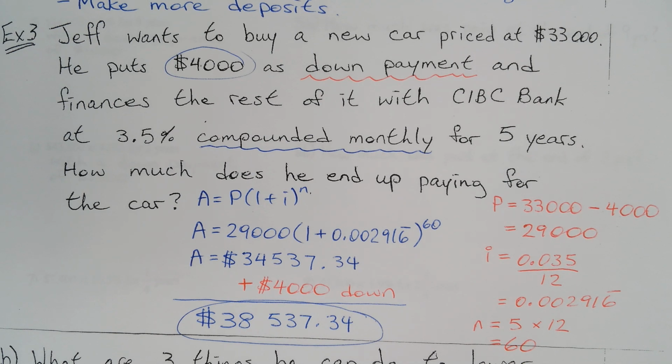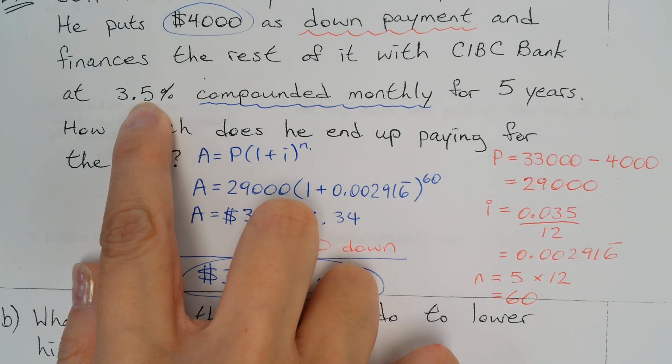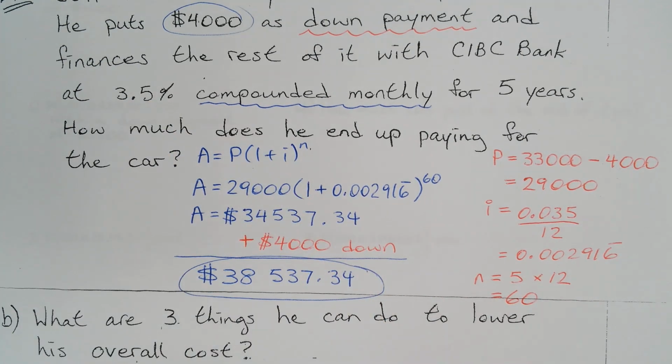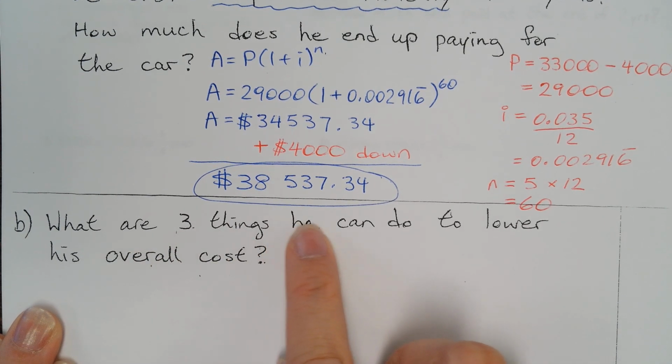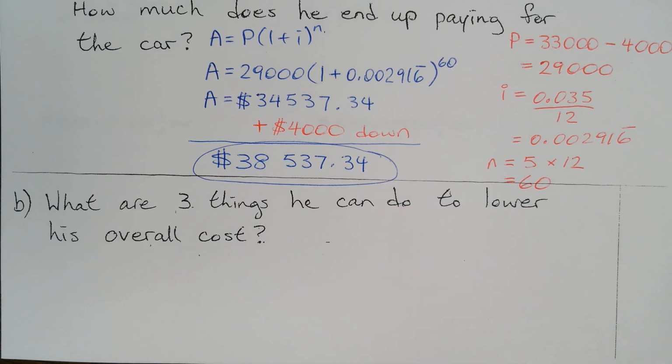So now if you're borrowing money from the bank, what are you doing? Paying them interest. So if you're paying somebody interest, what do you want this percentage to be? Lower, right? When you are paying someone, you want the percentage to be lower. If you are investing in them, putting money in them where they are paying you, then you want the higher interest rate.